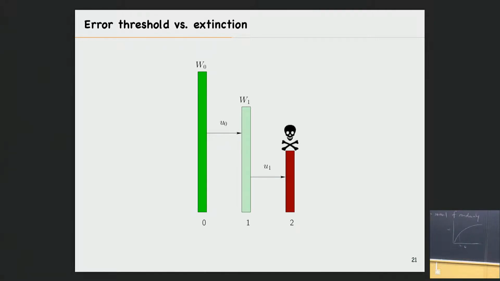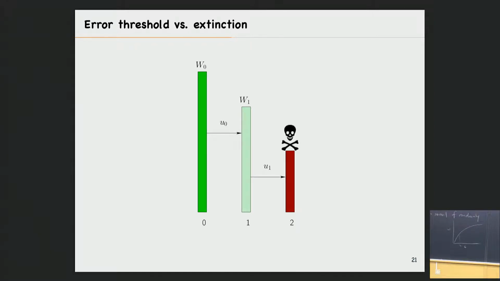And in order to discuss this point, let's take a simple model in which we have a wild type with a given fitness W0. Then we have one mutant with a fitness which is positive, but smaller than W0, and it has one mutation class with the smaller one. And then if there is a further mutation into this mutant, it is killed.